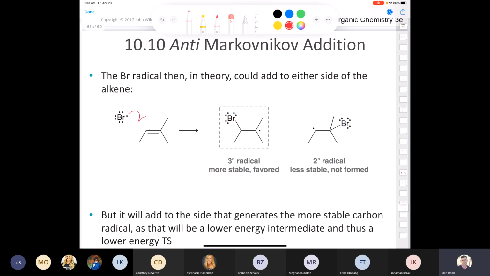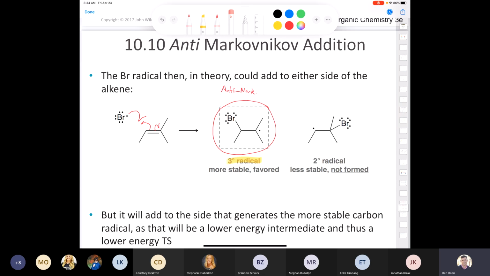If we add the radical on the least hindered carbon, we're going to end up producing this intermediate, which would produce a tertiary radical, right? You see the bromine is being added to the least hindered carbon, which is the opposite of what happens in Markovnikov addition, right? This is anti-Markovnikov addition of bromine, right? You get, look, a tertiary radical.